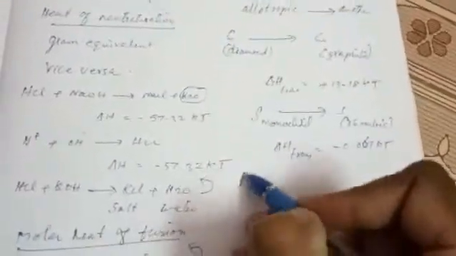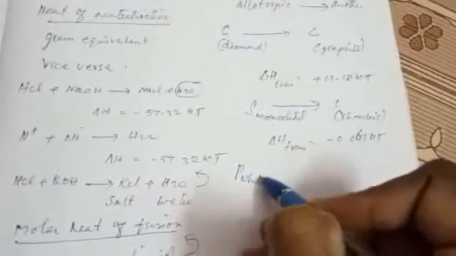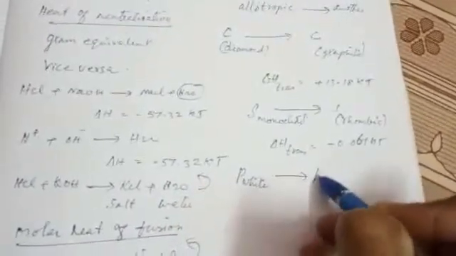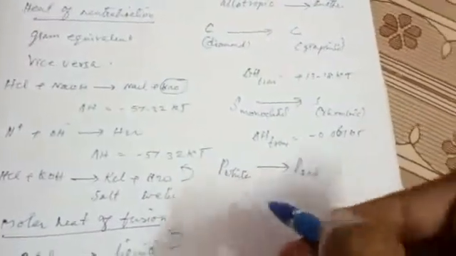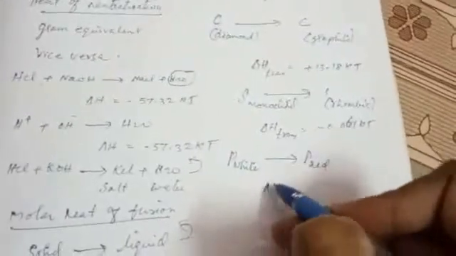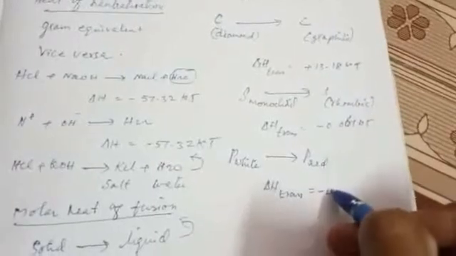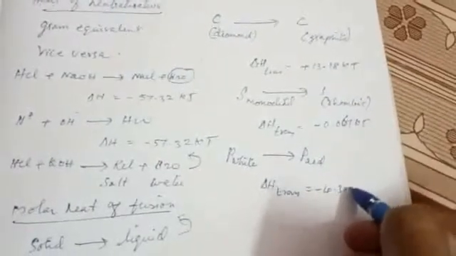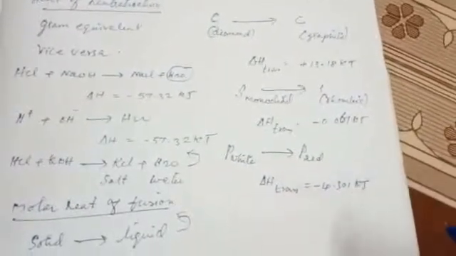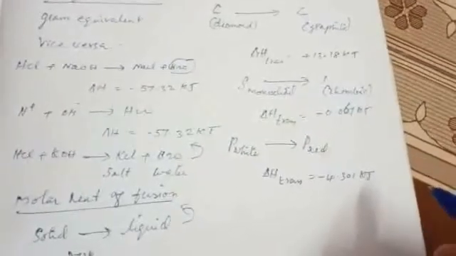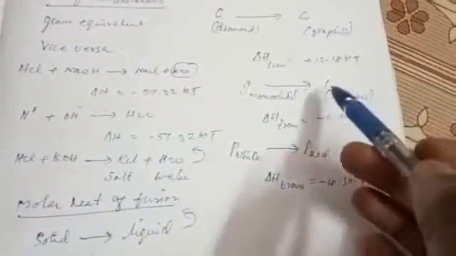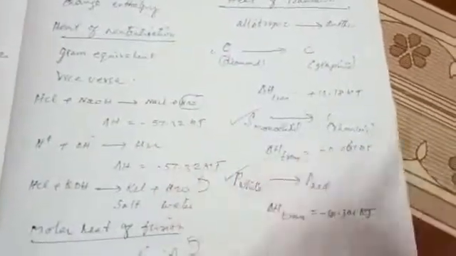Next, phosphorus: white phosphorus to red phosphorus. Here delta H transition equals minus 4.301 kilojoules. So the heats of transition are: first carbon, second sulfur, third phosphorus.